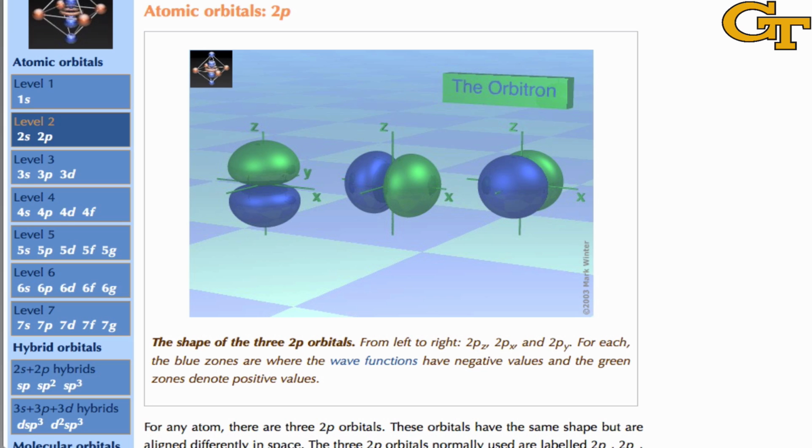Just like for the 1s and 2s orbitals, inside of these shapes, we have a high probability of finding the electron, and outside of these shapes, we have a low probability of finding the electron. And notice that the z, x, and y orbitals differ in the orientation of the dumbbell. So the axis of symmetry is what defines the label. So we have 2pz on the left, 2px in the middle, and 2py on the right.